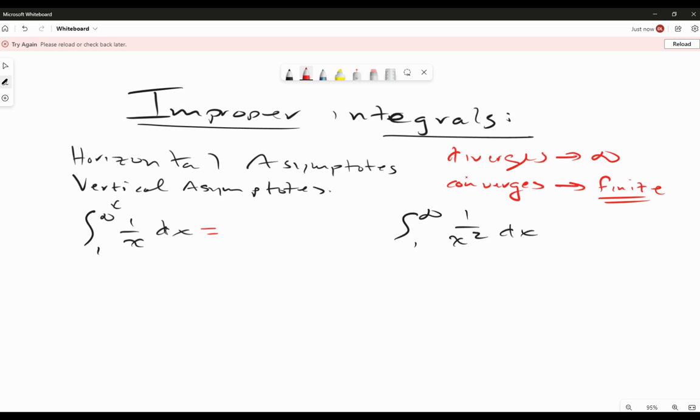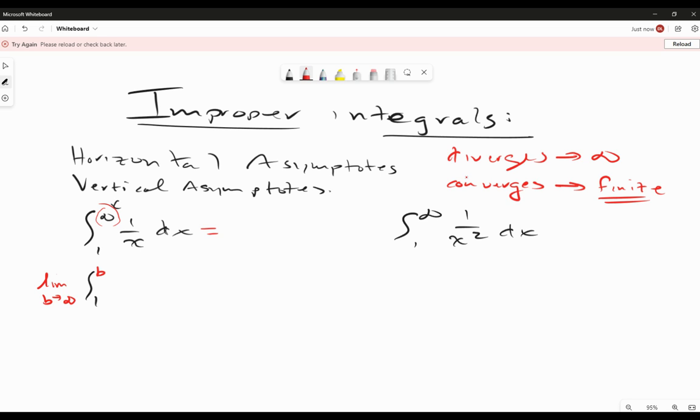We're going to change the upper bound to b, keeping the lower bound at 1, and we're going to say the limit of this thing as b approaches infinity. So we're going to turn this piece into a limit.